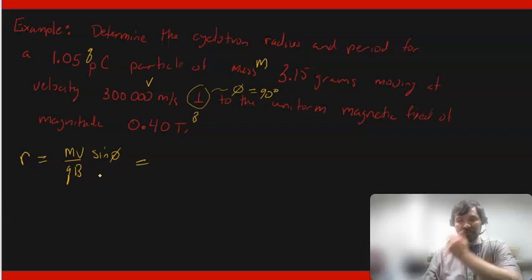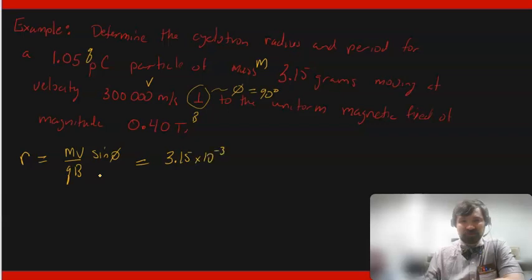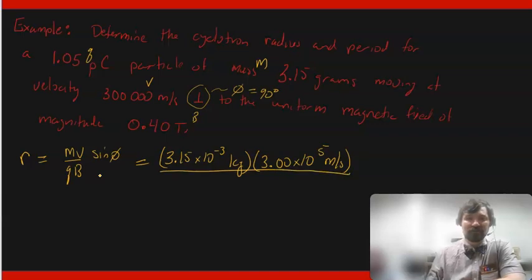So what we have is 3.15 times 10 to the minus 3 kilograms. We would want this in kilograms. We would want the speed in meters per second, so that's 3 times 10 to the 5 meters per second, divided by Q, which is 1.05 times 10 to the minus 12 coulombs, times the magnetic field strength of 0.40 tesla.